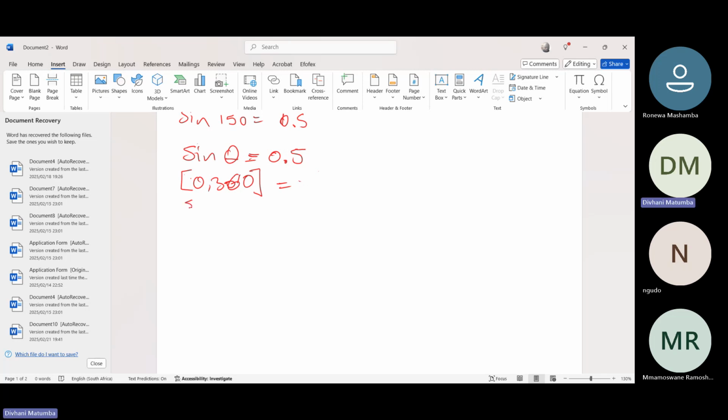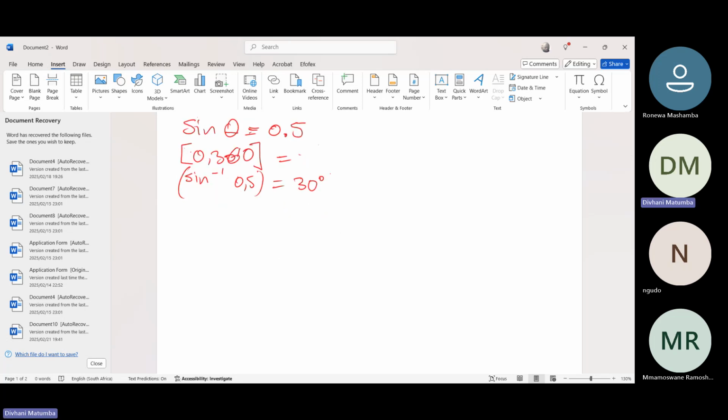We're going to do the same thing. We're going to say sine, then we press 0.5. What is it that we got? 30 degrees. That's one of them. So we're going to have 30 degrees and 180 minus 30 degrees.